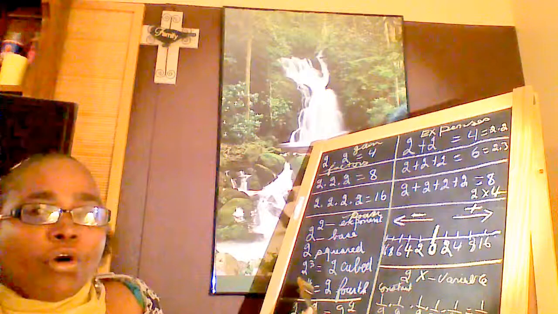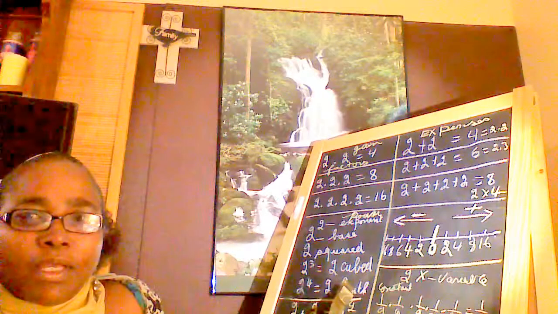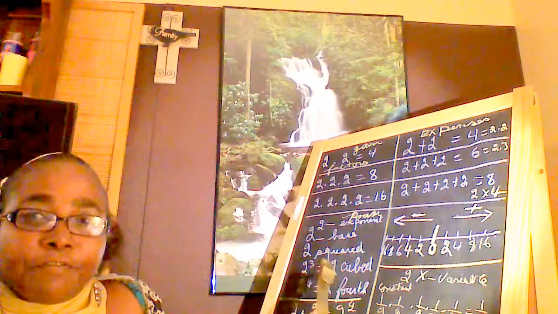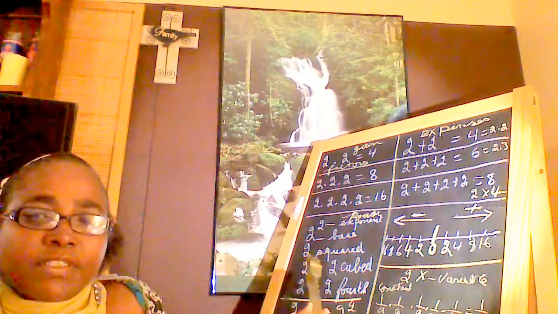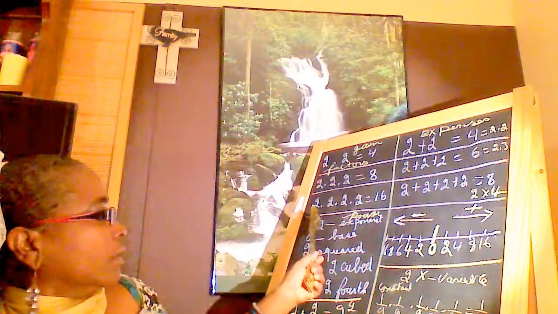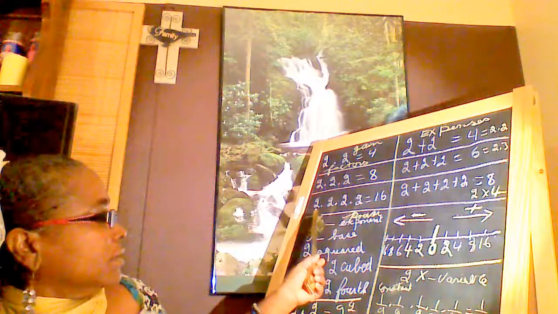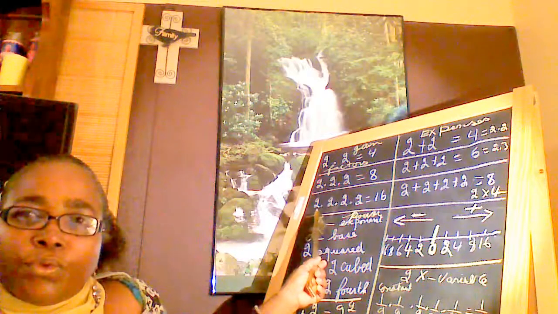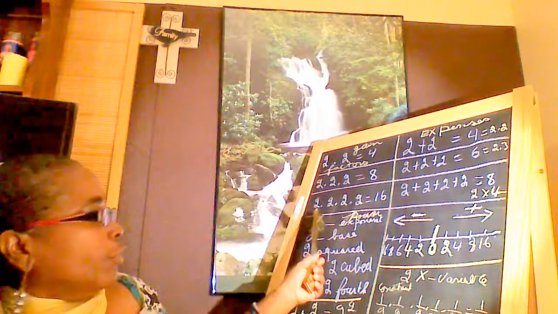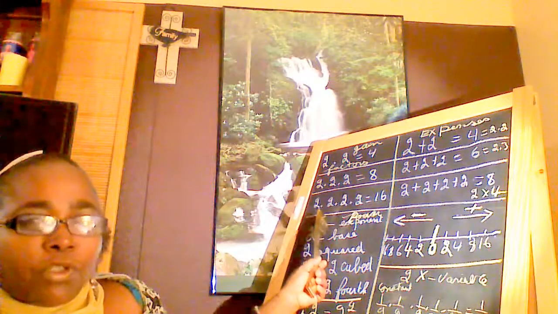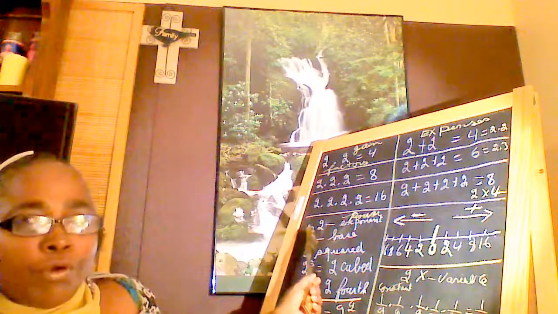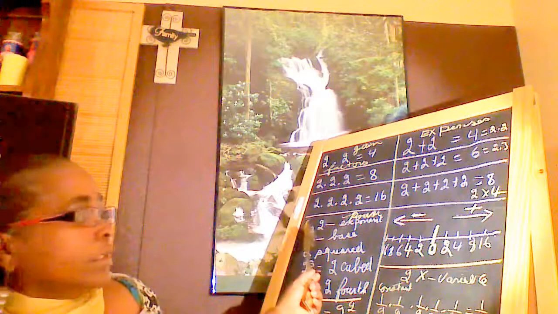If it changes to 4, we call it fourth. 5th, we call it 5th. 6, we call it 6th. So the power represents the number at the top. We call it also exponent. The number in the bottom, we call it base.